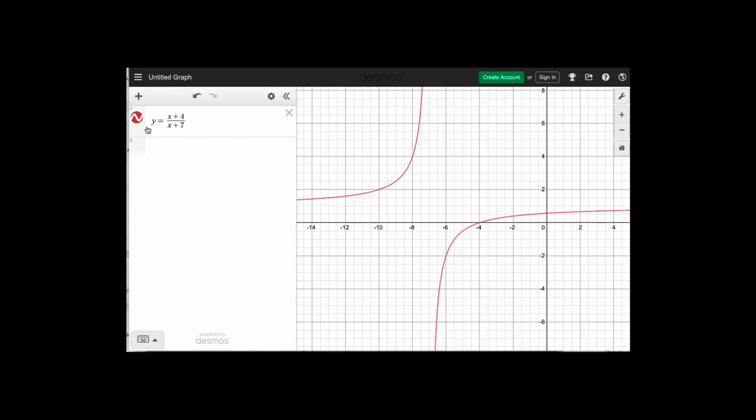Here I have graphed y equals x plus 4 over x plus 7 in this Desmos graphing utility. And we have been looking at the inequality x plus 4 over x plus 7 less than or equal to 0. So the less than means that we want to know when this function is negative.